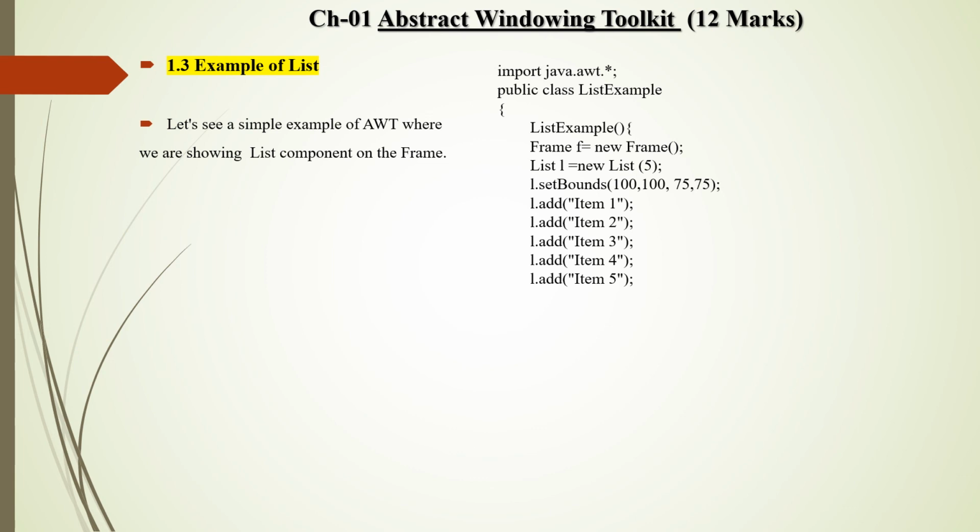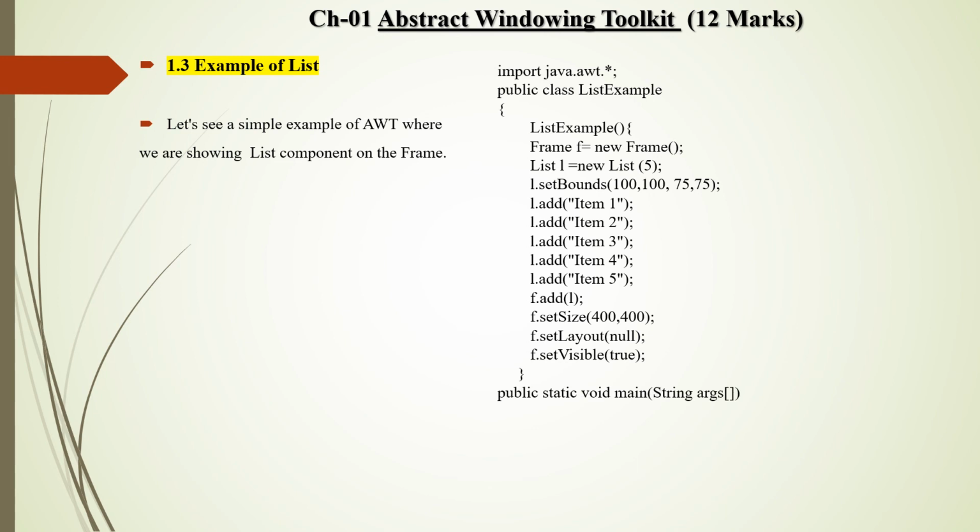So we add 5 items in the list. Then we add the list into the frame, so f, that is the object of Frame, dot add(l), where l is the object of List. So the list is added into the frame. Then we set the size of the frame, then we set the layout by the setLayout method, then we set the visibility of the frame by the setVisible method.